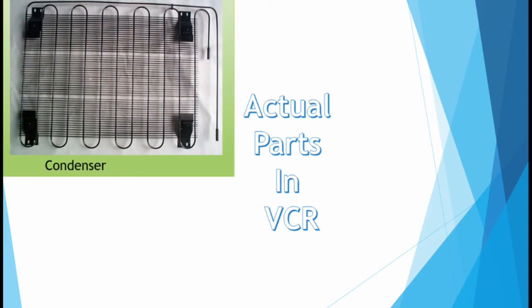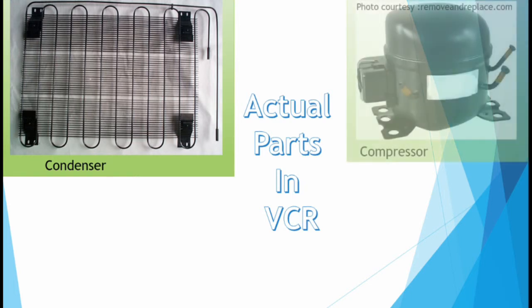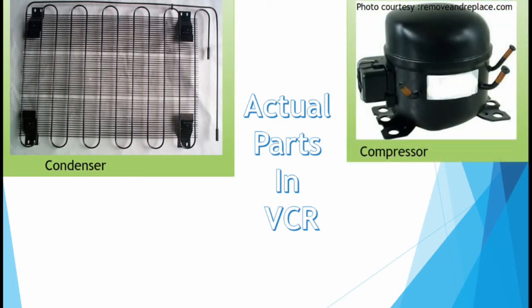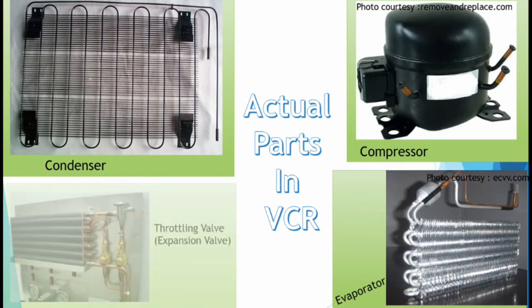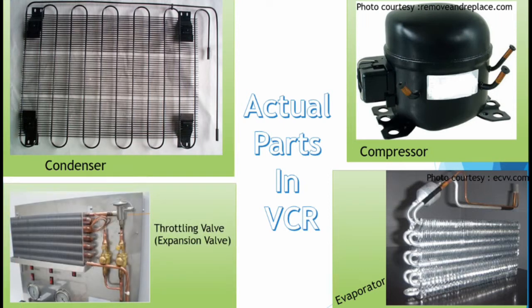Here the question arises, why don't we supply the fluid or the working medium from the evaporator directly to a condenser? It's very simple. Due to the low pressure, the medium is bulky and has large volume.